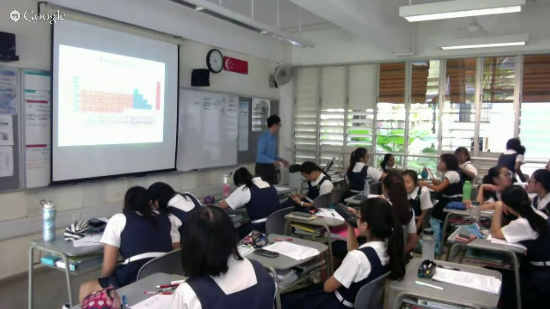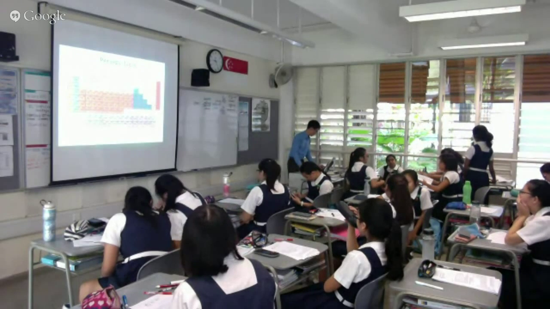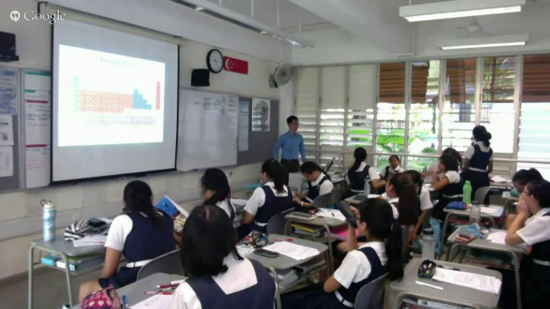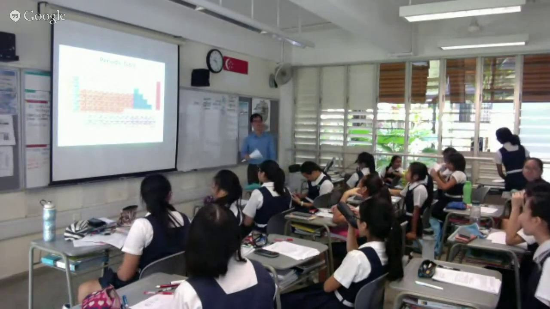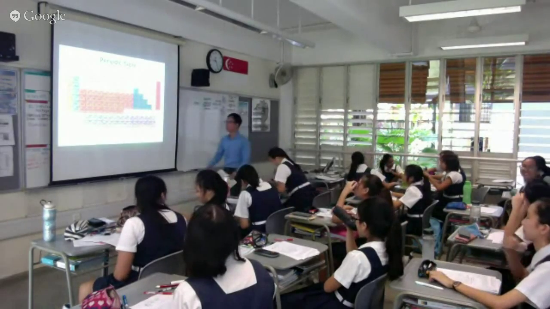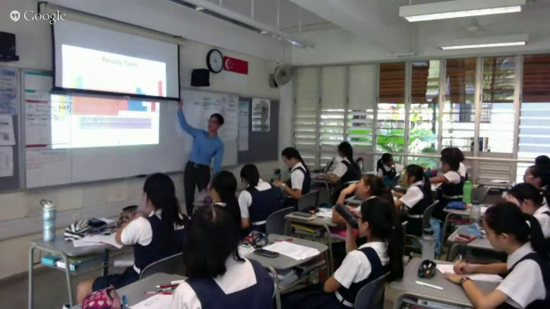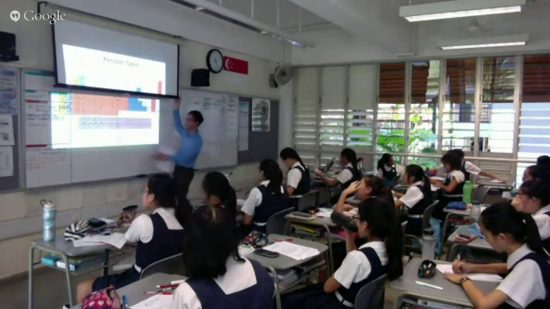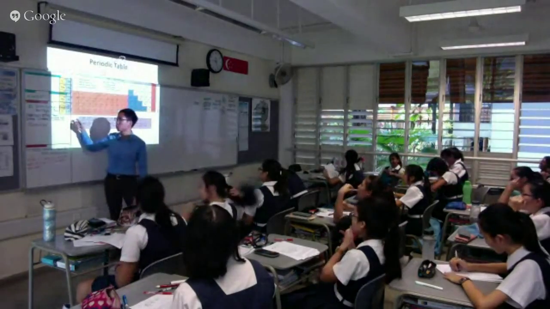Go back to your seats. Now, the chemistry quiz, I will try to come up with an ungraded one next Monday, as I said. Then I can give you feedback by Wednesday, then Thursday is the quiz.